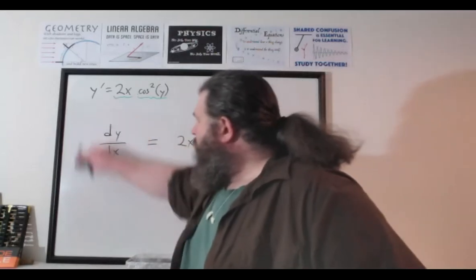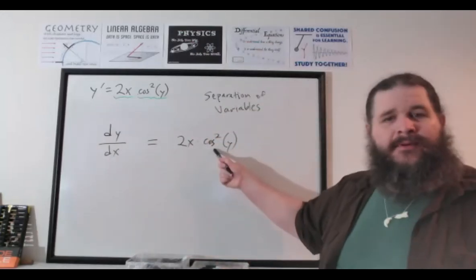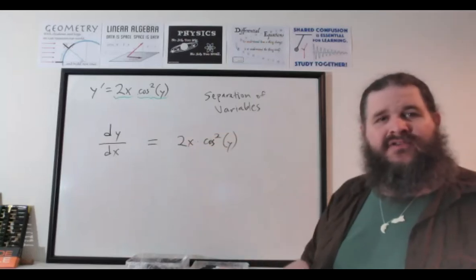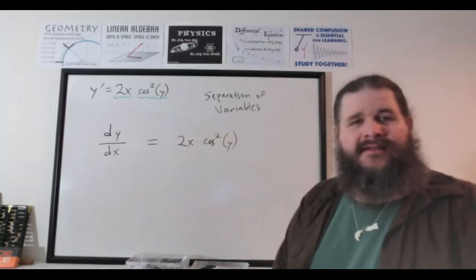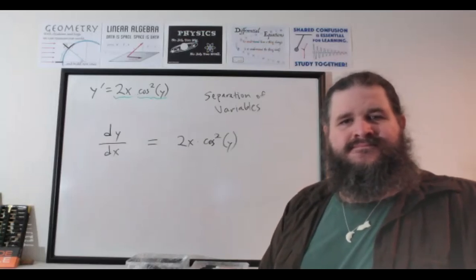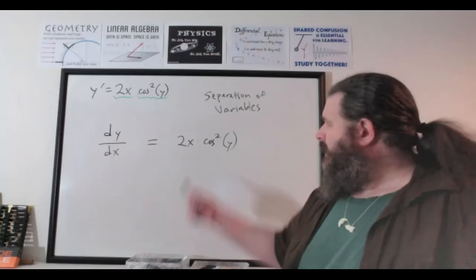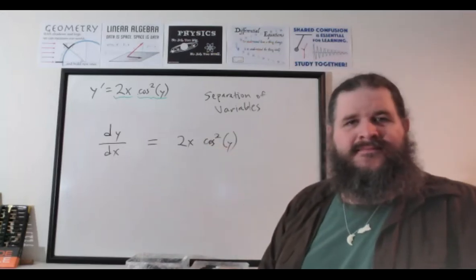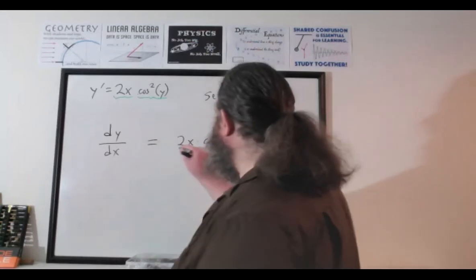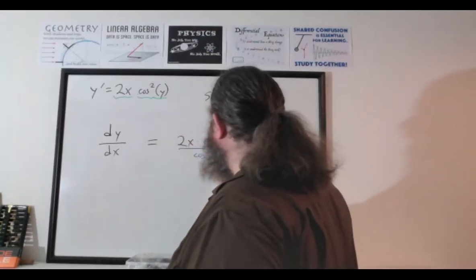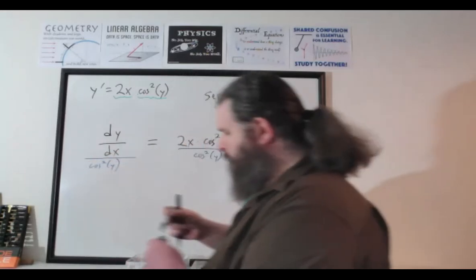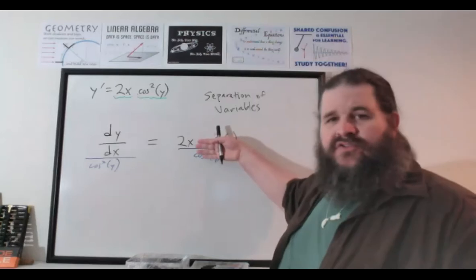But what we can do is get rid of this y part. Because this cosine squared y is a function of y being multiplied by a function of x, how can we just get rid of cosine squared y entirely? What's the opposite of times cosine squared y? Yeah, we can just divide. If we proceed by dividing both sides by cosine squared y, then on the right side, we're left with just 2x.